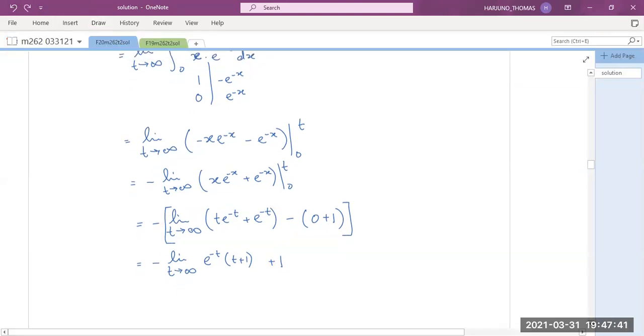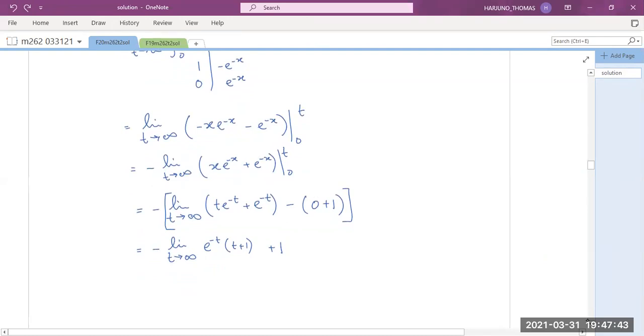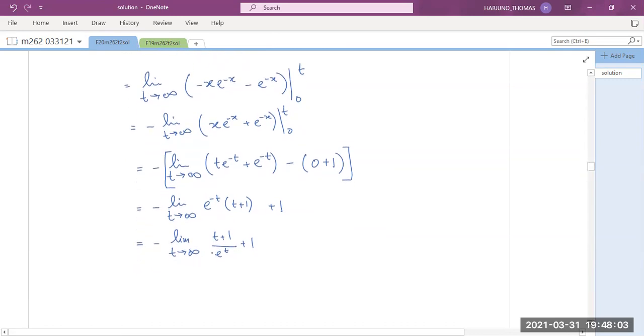Now, when I plug in t to be infinity, this is 0, but this is infinity. That's indeterminate, so I need to play around. This is negative limit as t goes to infinity of (t plus 1) over e to the t, plus 1. And then apply L'Hopital's rule.